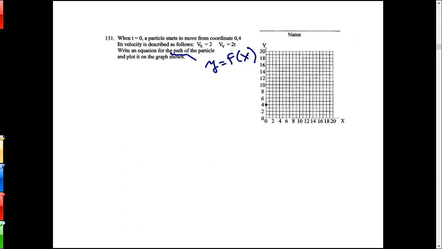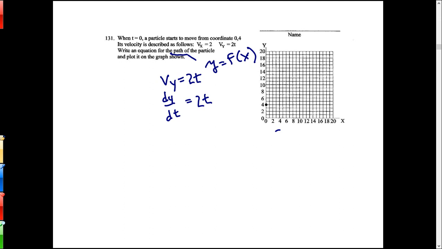So I'll just do one of them. We've got Vy equal to 2t. As I was saying in class, there are a few little steps you want to go through. dy/dt is equal to 2t.